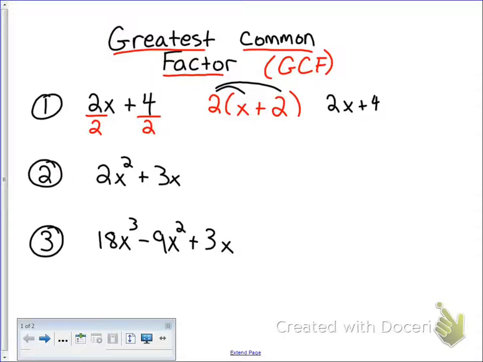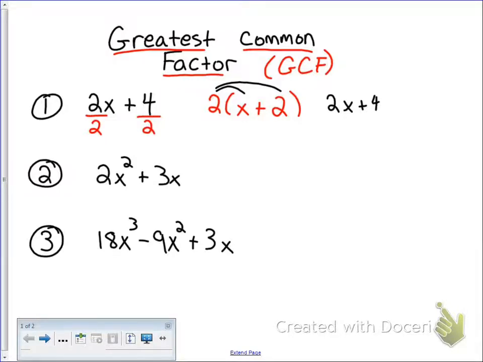So looking at the next one, I don't have a number that can be factored out of this one. There's nothing that I can divide 2 and 3 by, but I noticed something else. Both of these terms have at least one x in them. Now, I need to take out the most x's that I can from each term.